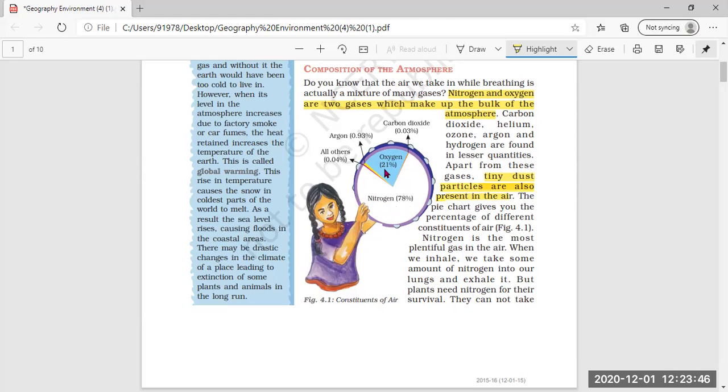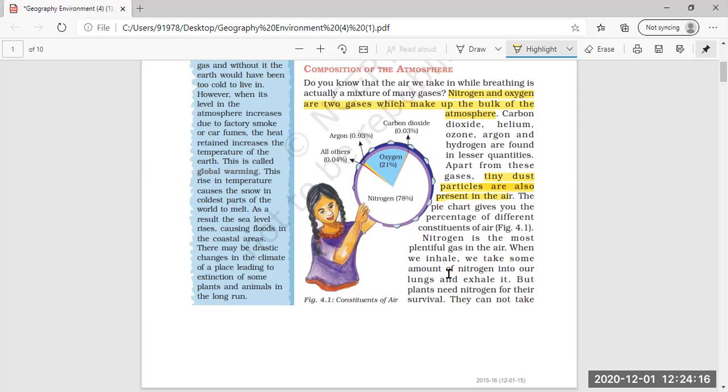Then argon is 0.93%. Other gases are 0.05%, and carbon dioxide is only 0.03%. So this is the pie chart through which you can check what percentage of each gas is present in the atmosphere.